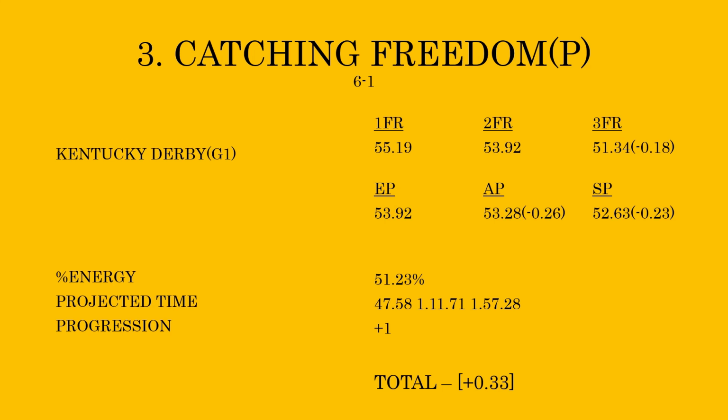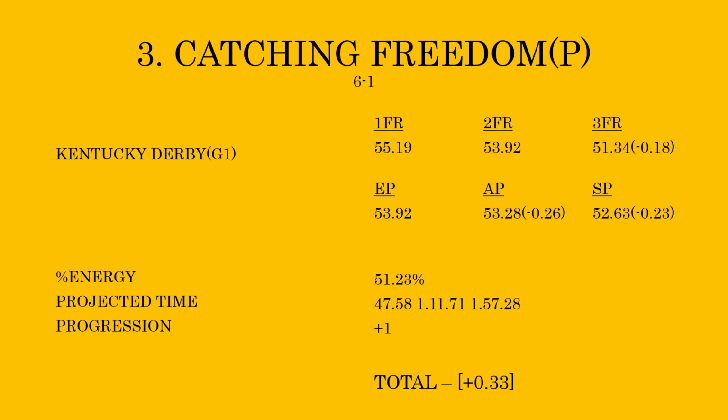Interestingly enough, for a horse who had been a closer all along, one of the things I liked about Catching Freedom going into the Derby was I thought he would be more forwardly placed, and I think his fractions are indicative of that. He was more forwardly placed in the Derby, albeit still fairly well back, probably about mid pack or rear of mid pack.